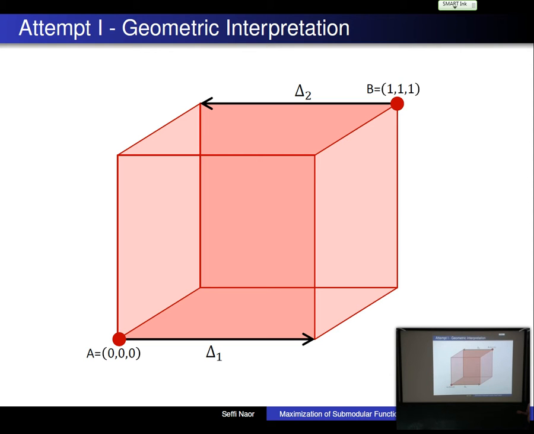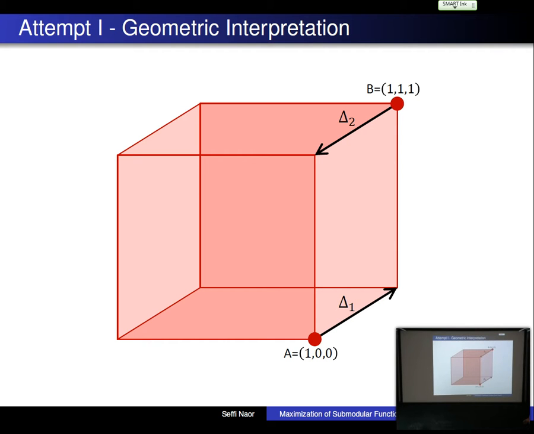Delta 1 and delta 2 can be positive or negative. Let's say delta 1 is bigger than delta 2, then I'm going to change A. My gain is bigger. So I'll change the first coordinate of A from 0 to 1. Now both A and B agree on the first coordinate.